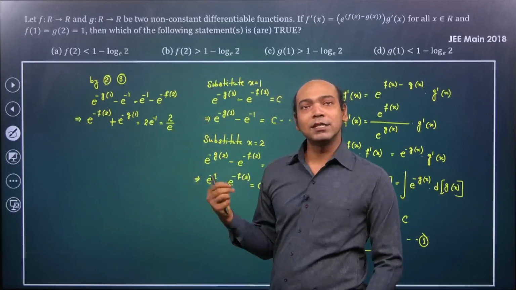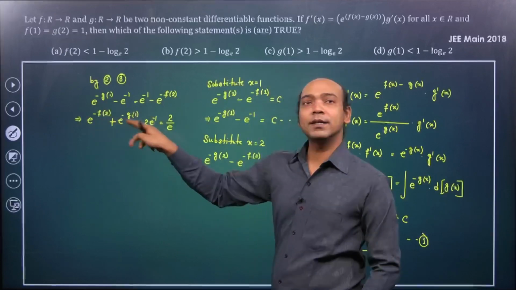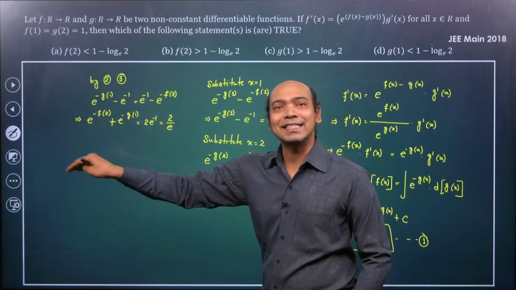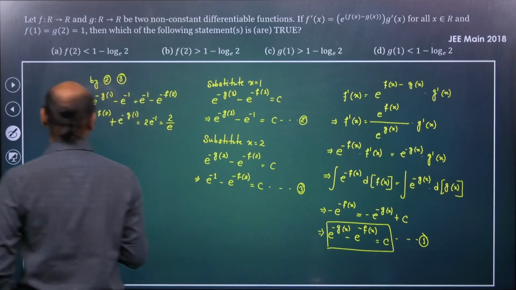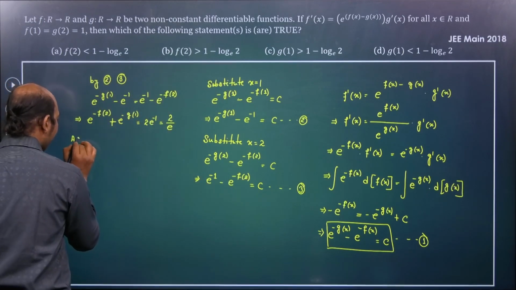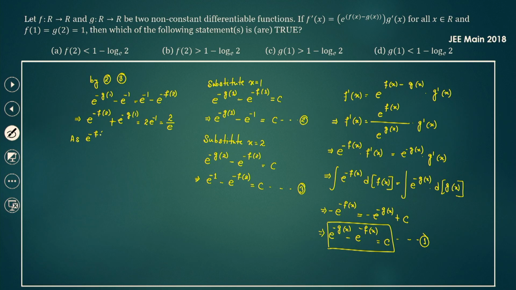So these two terms are always greater than 0, and their sum is 2 by e. That means each of the terms separately is definitely less than 2 by e. So e to the power minus f2 is less than 2 by e, and e to the power minus g1 is less than 2 by e. Now we take log.